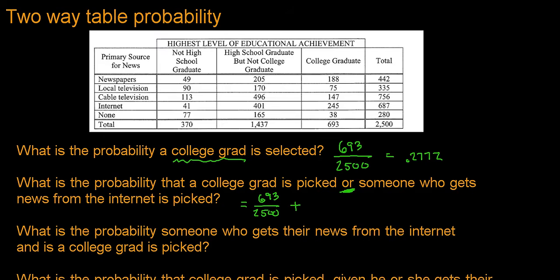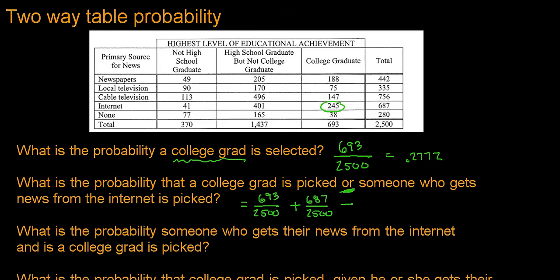Or I'm going to add the probability that I get my news from the internet. Okay, the probability I get my news from the internet is 687 people get their news from the internet divided by 2,500. But now I have to subtract away the and. Now, don't use any fancy formula to find and, just look at the table. How many people are both college graduates and get their news from the internet? That would be these 245 people right here.